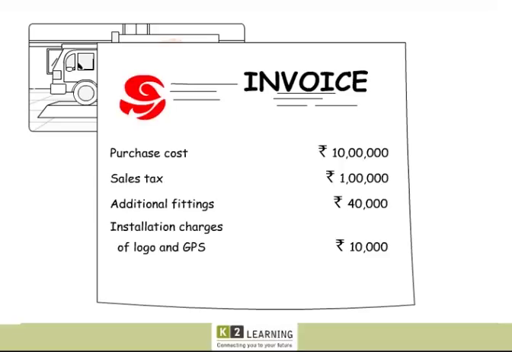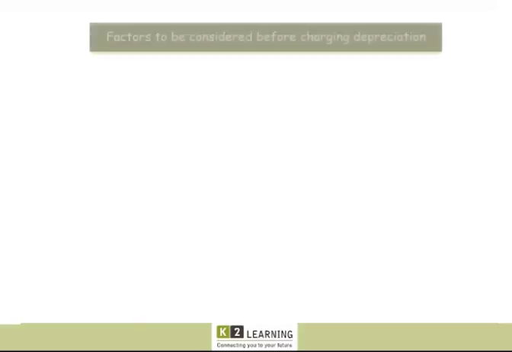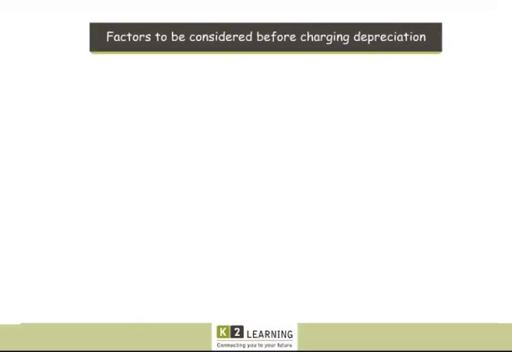These costs cover delivery, installation, and readiness for use. The total cost of the truck would therefore be 11,50,000.